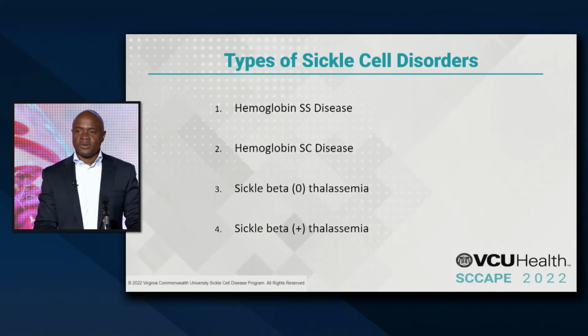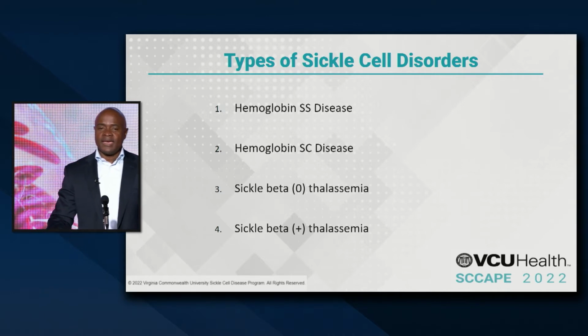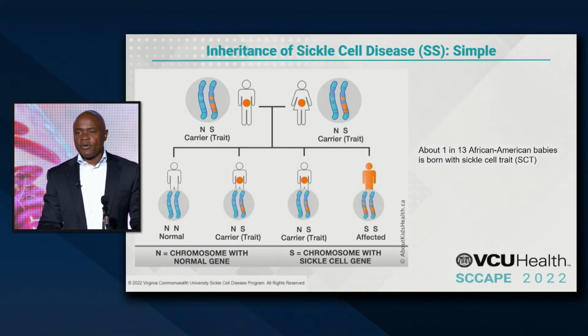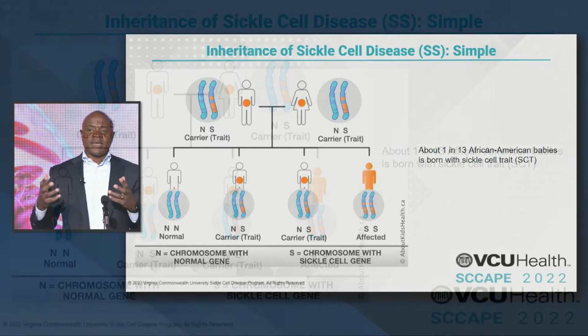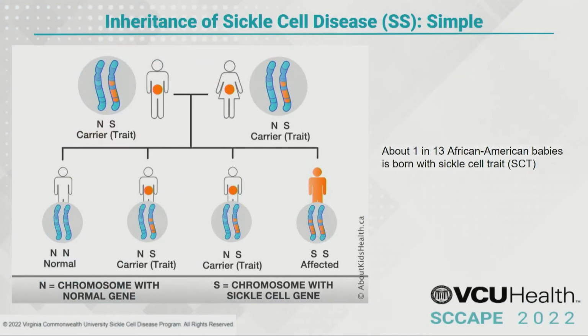All right, so I talked about the 4 types of sickle cell disease that are most prominent in the US. And I'm going to kind of go through the genetics and how somebody gets sickle cell disease, or how is someone born with sickle cell disease?